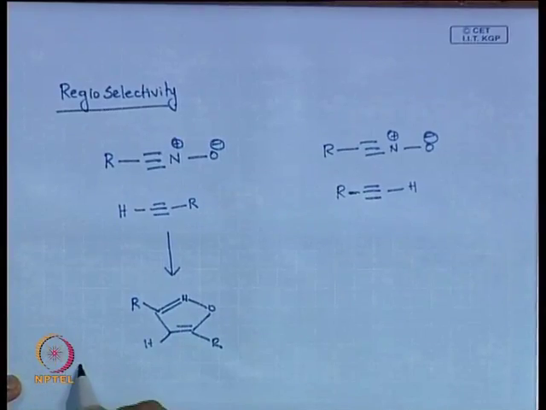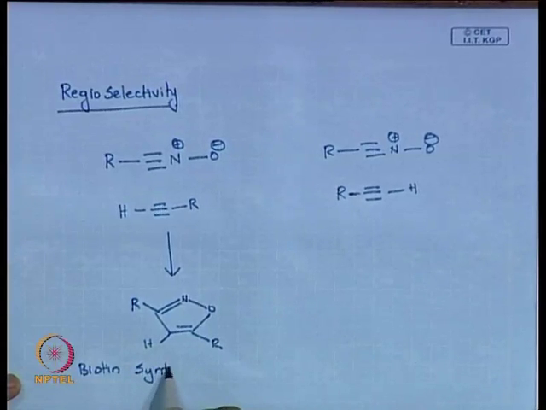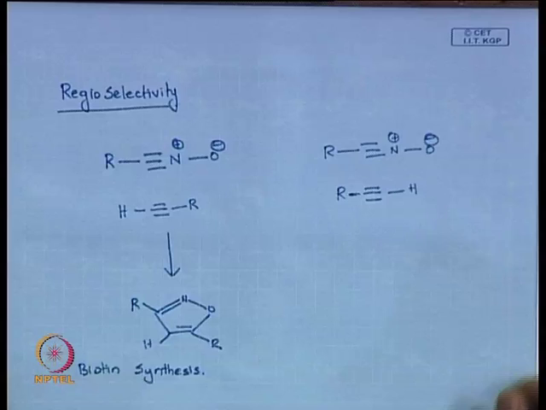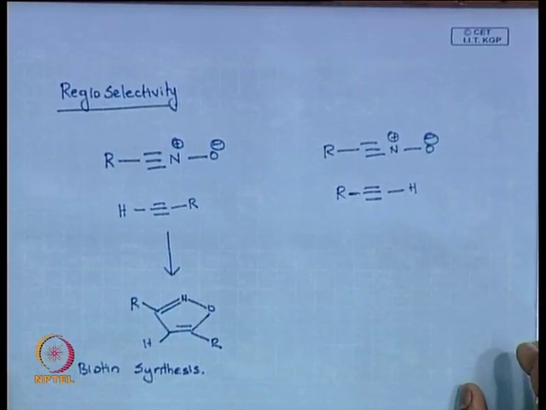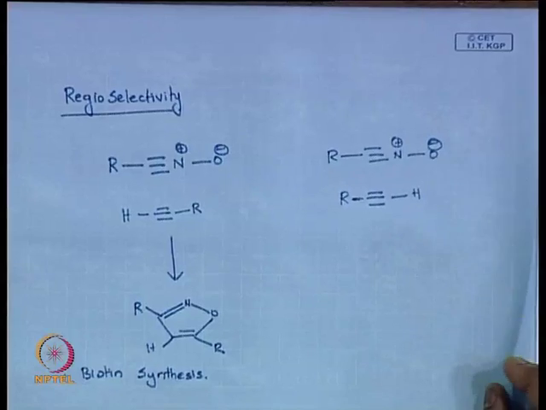You know biotin, because you can label nowadays, it is a well known compound in biological systems. That part you can synthesize using your nitrile oxide chemistry, 1,3 dipolar biotin synthesis. If you want, I can take it in the next class. Fine.